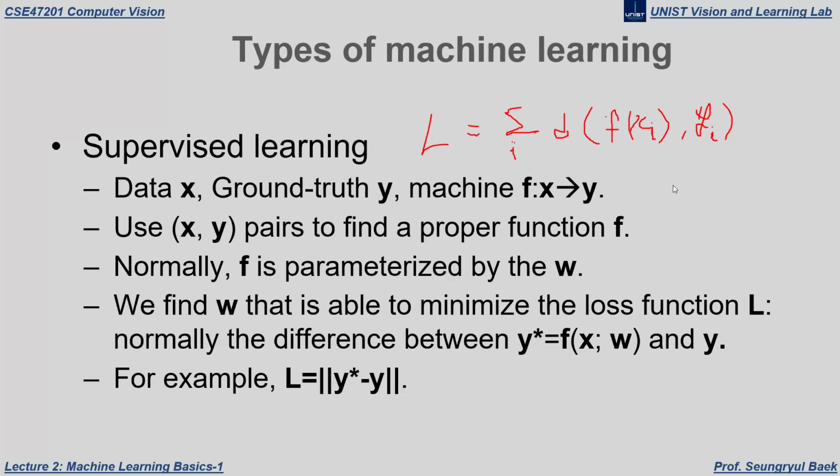I already explained that during the training phase, we will decide A and B that best explain this n number of data, right? That means actually the same thing as minimizing this loss function.